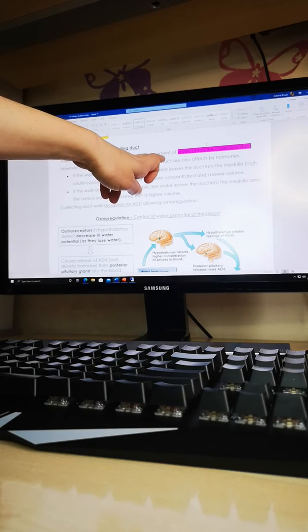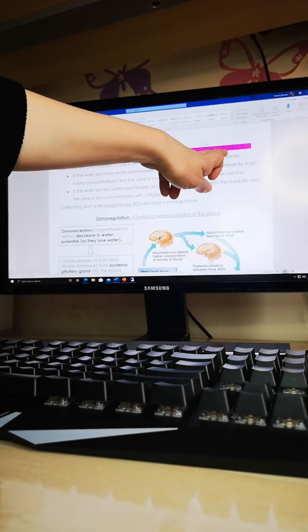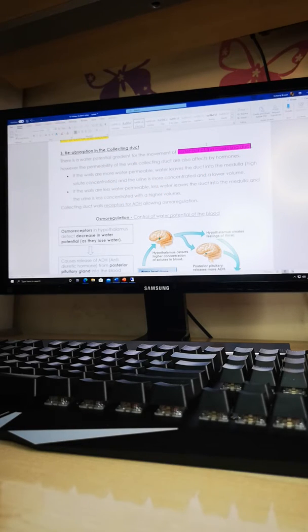The medulla's got a lower water potential than the filtrate in the collecting duct. So there's always a water potential gradient there due to the movement of ions out of the loop of Henle. However, the permeability of the walls of the collecting duct is also affected by hormones.